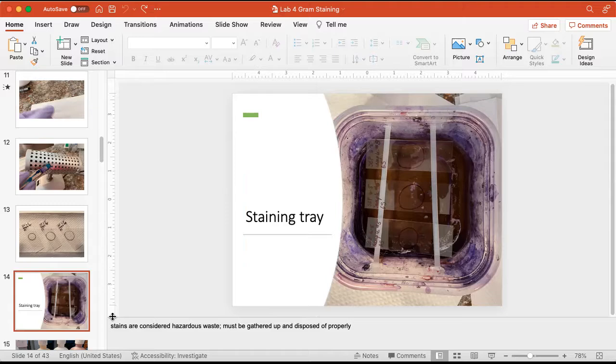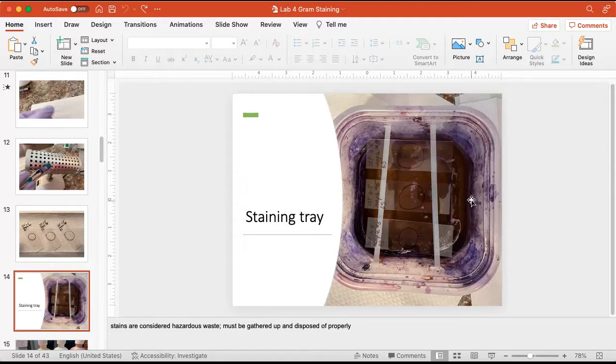You can certainly use a bowl to collect excess stain, or stain waste, as we call it. But when you want to do multiple slides at a time, it's nice to have one of these little inexpensive trays, because I can stain multiple slides at the same time.